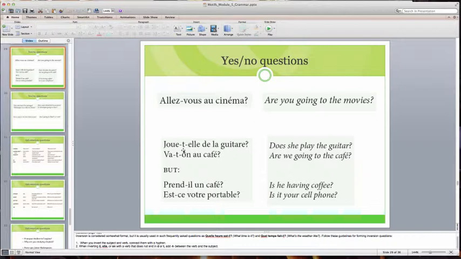This is for liaison. It has no grammatical meaning. It's only for pronunciation. Joue-t-elle de la guitare? Va-t-on au cinéma? But down here on our second two examples, we do not have two vowels together, and we don't need to worry about it. Prend-il un café? Est-ce votre portable?